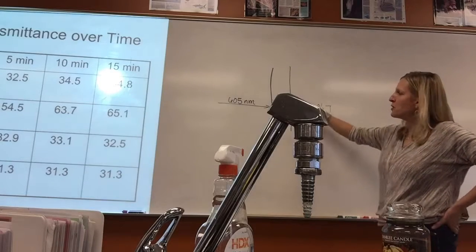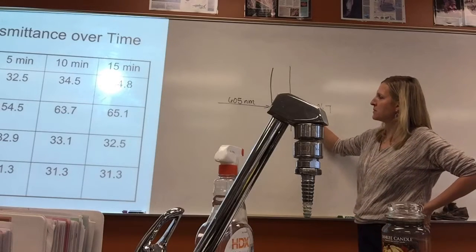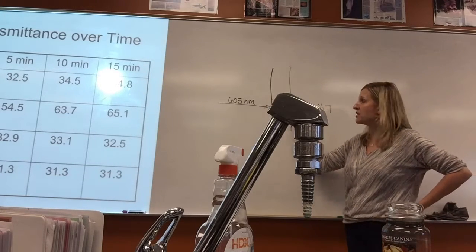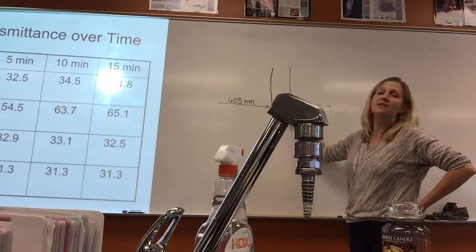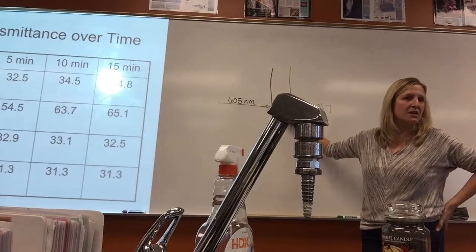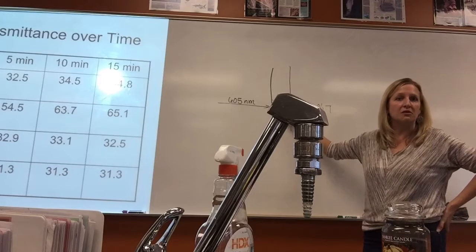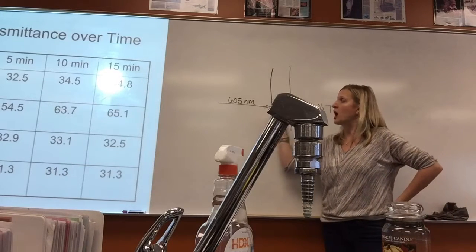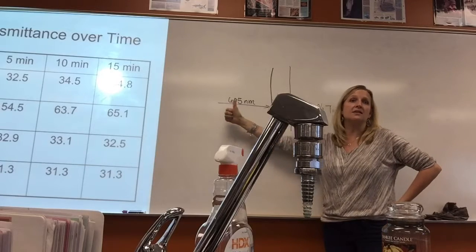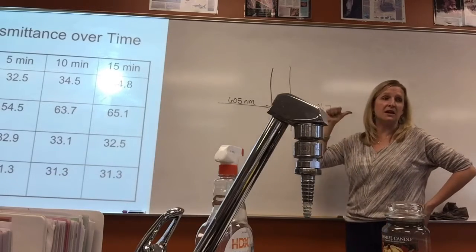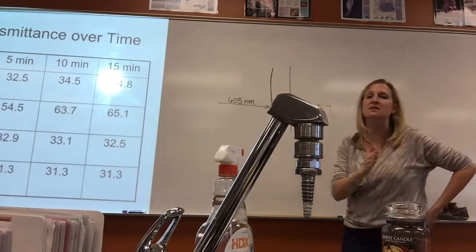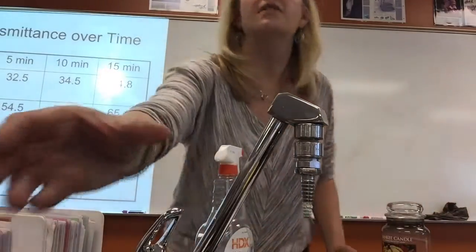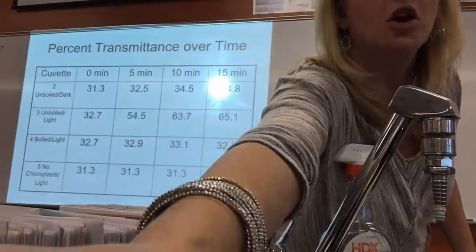Yes. So remember that with DPIP in the presence of chloroplasts, if the light reactions are happening, the DPIP is going to accept the electrons and it goes from blue to colorless. So therefore, the more photosynthesis is going on, the more colorless the solution gets and the more light will get transmitted. So an increase in transmittance means in this lab that more light reactions are going on.